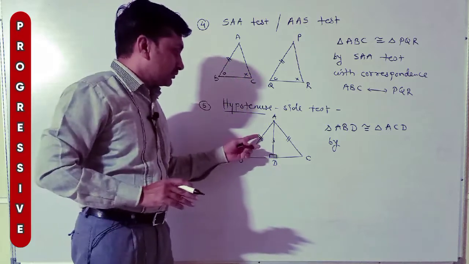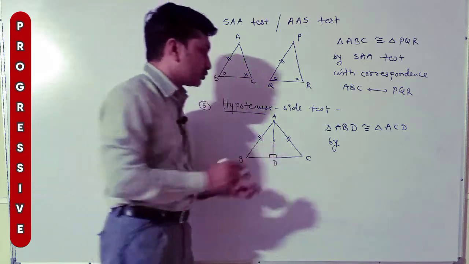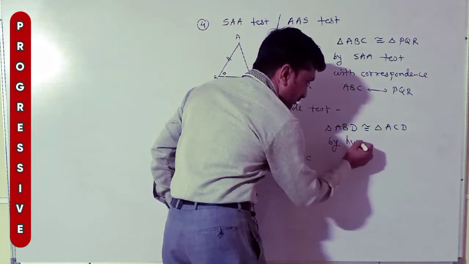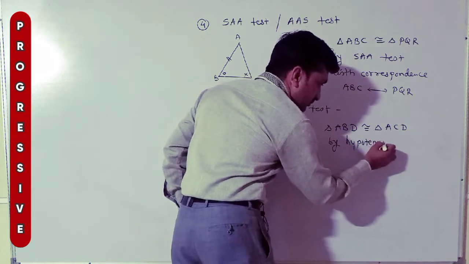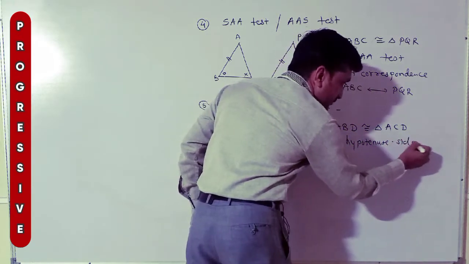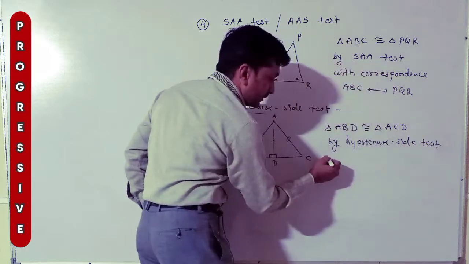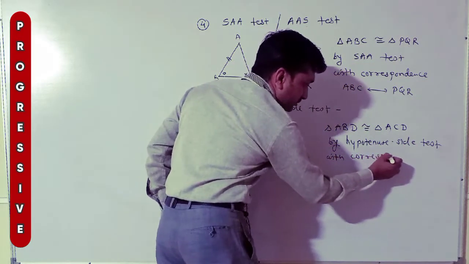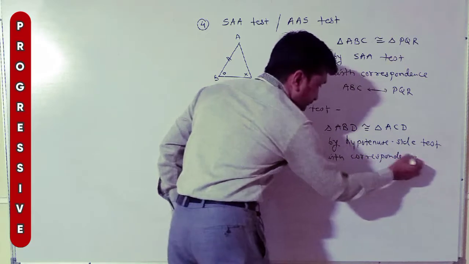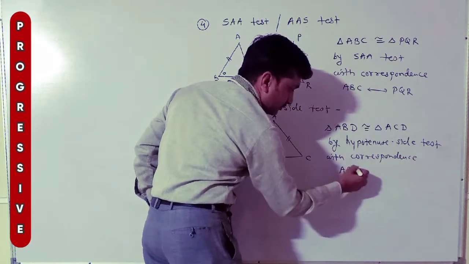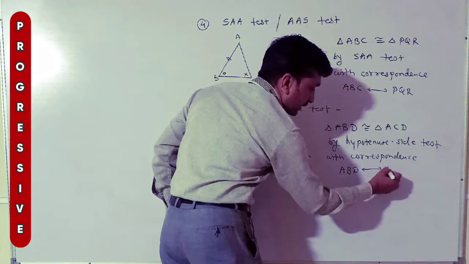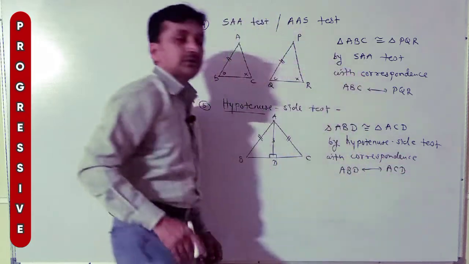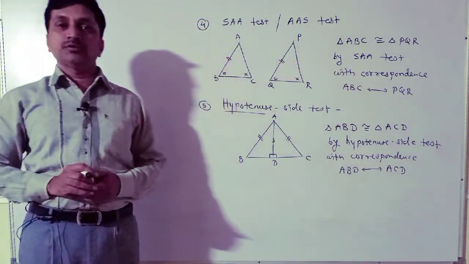And therefore these two triangles are congruent by hypotenuse side test. And if you want to write correspondence of vertices, then we can write with correspondence ABD corresponds with ACD. Now these are tests of congruence of triangles.